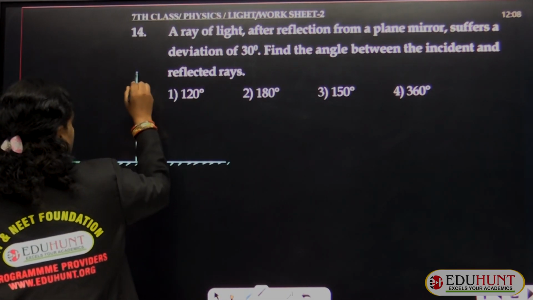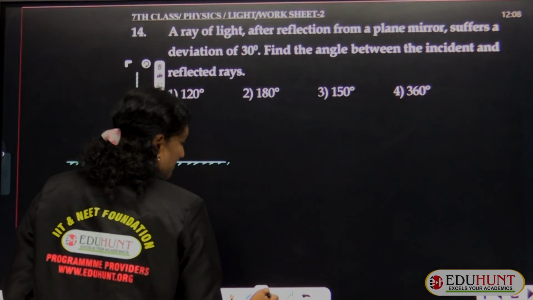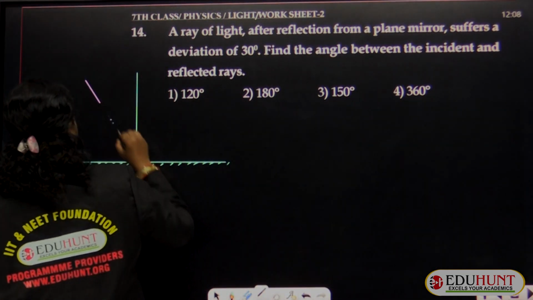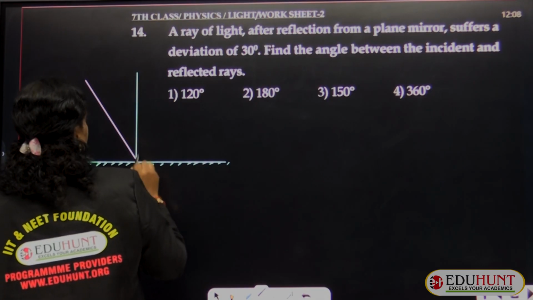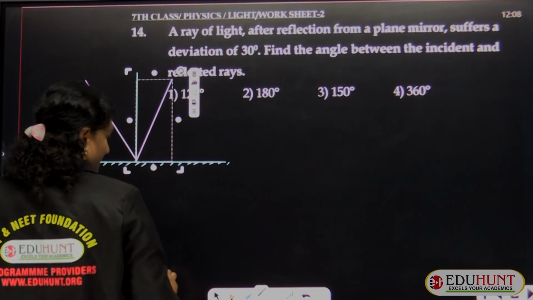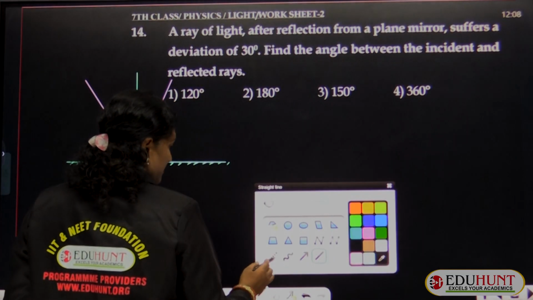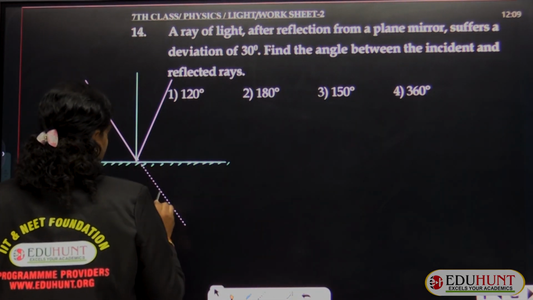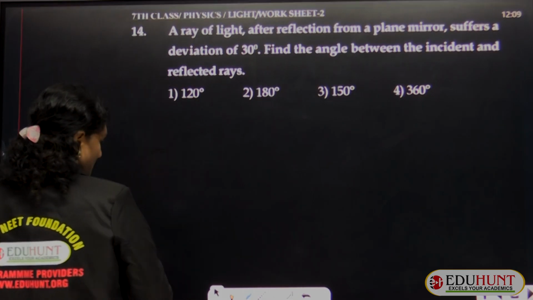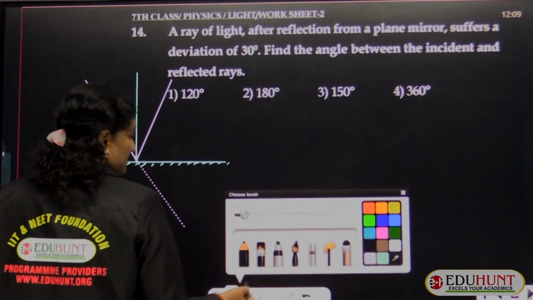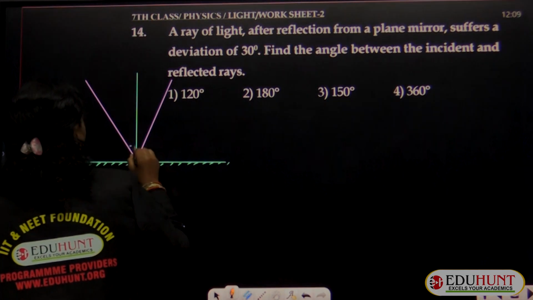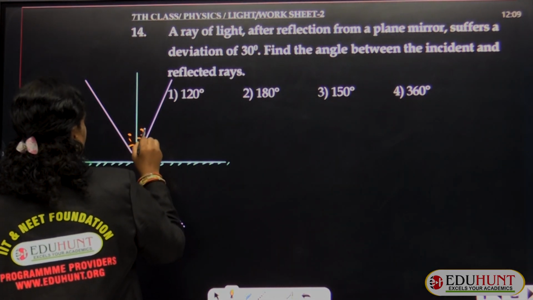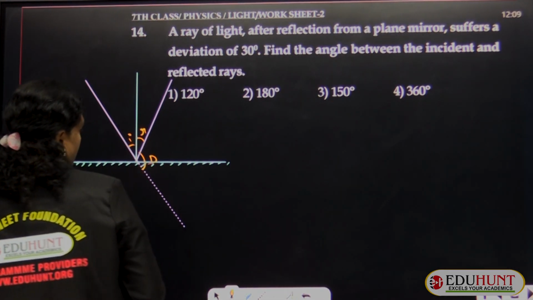A normal is drawn, and we have an incident ray and a reflected ray. This is i, this is r and this is d.